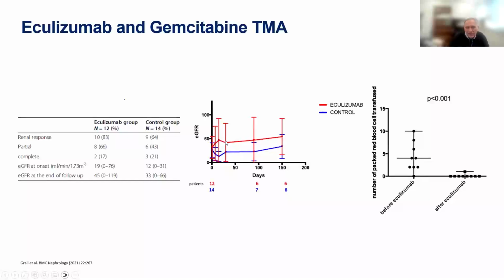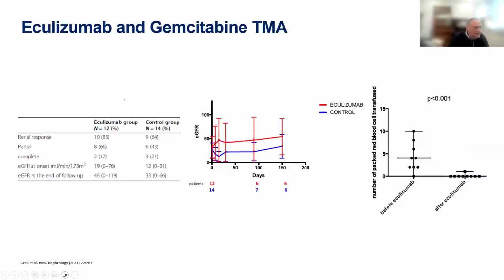Although it looked like the GFR was a little bit higher, there is a lot of overlap, so it's very hard to tell whether it is better. I don't think it is. Maybe the anemia is better, and patients receiving eculizumab have less anemia and receive fewer transfusions, but from the kidney outcomes point of view, there is no huge difference.